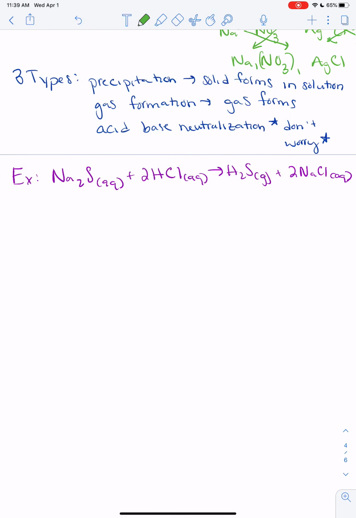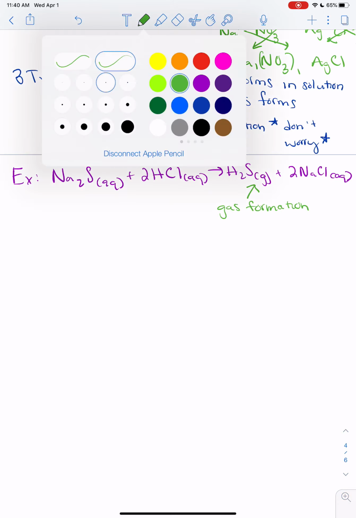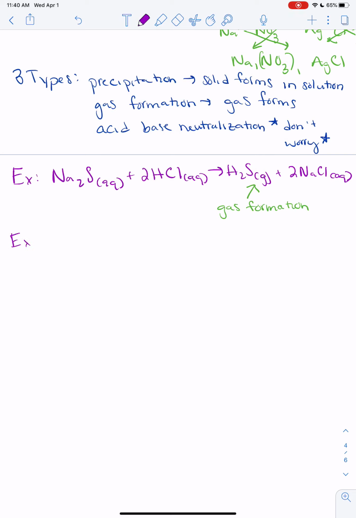Here we would notice that we have two aqueous and then it produces a gas and an aqueous. So if it produces a gas, this is a gas formation reaction. Pretty simple.